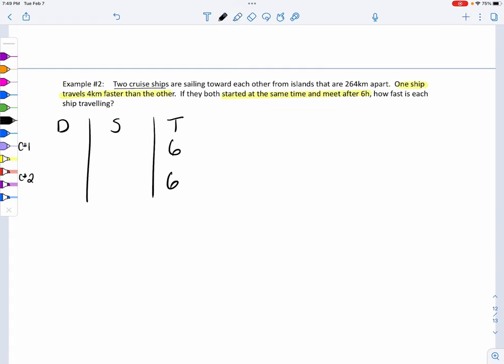Okay, so I don't know how fast either one is going. When we don't know, we use a variable. So cruise ship 1 is traveling x kilometers per hour. How fast is cruise ship 2 going? Oh, well, it's going to be 4 kilometers faster.